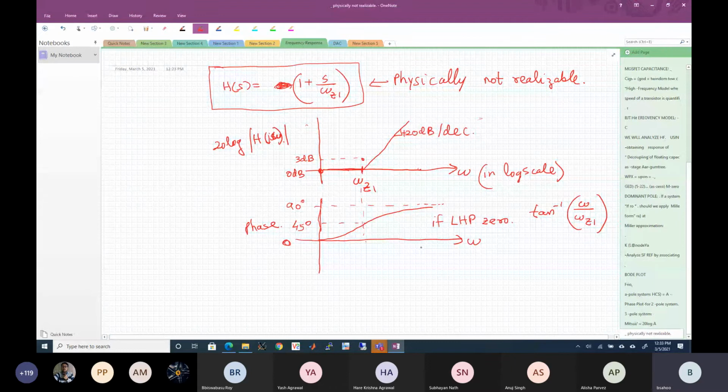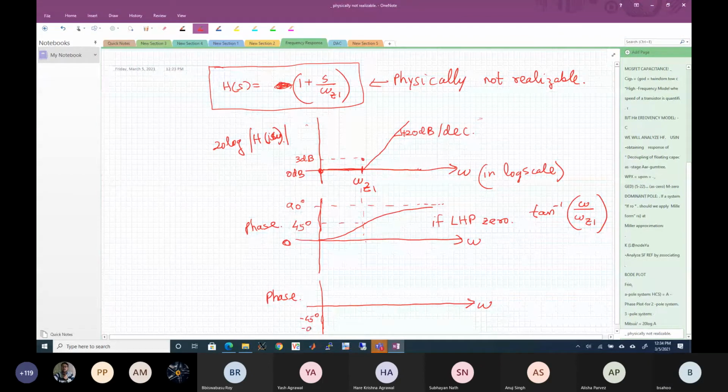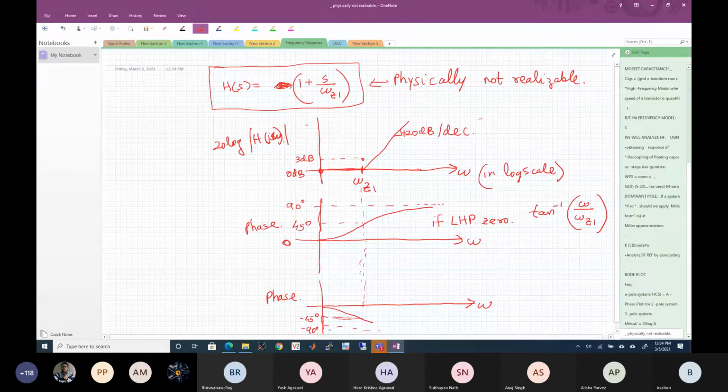Zeros can be on the left or right half plane. That is not a problem. Now if I have a zero on the right half plane, then the phase will go from 0 to minus 45 degree and minus 90 degree. So it will become minus 45 here, start from here and approach minus 90 asymptotically.